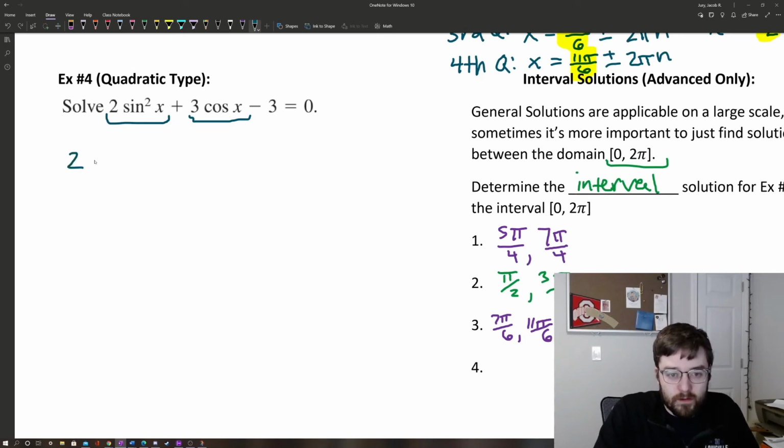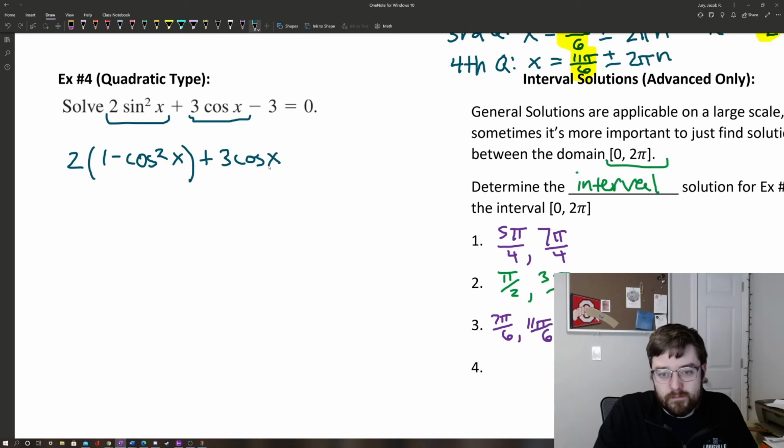So we are looking at changing sine squared and replacing it with 1 minus cosine squared. And you might be like, that doesn't make any sense because this no longer makes it a trinomial, but it does. It is still a trinomial.